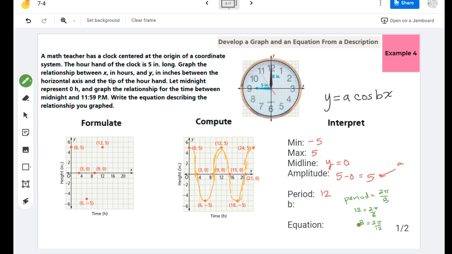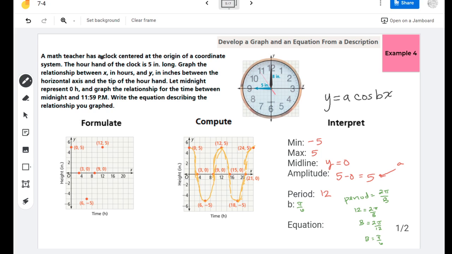All right, so I get that b is equal to 2 pi divided by 12. Remember, it's cross multiplication. You can just flip those, right? So my b value, or little b, they use big B and little b kind of interchangeably, would be pi over 6. And again, that came from plugging the 12 in for the period into the period formula.